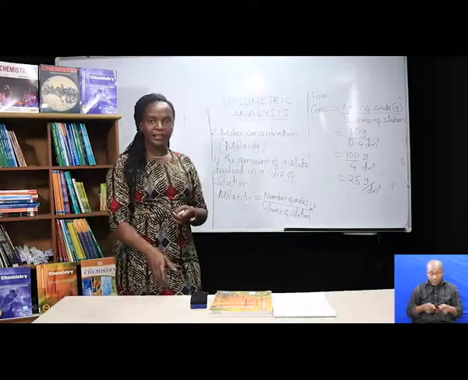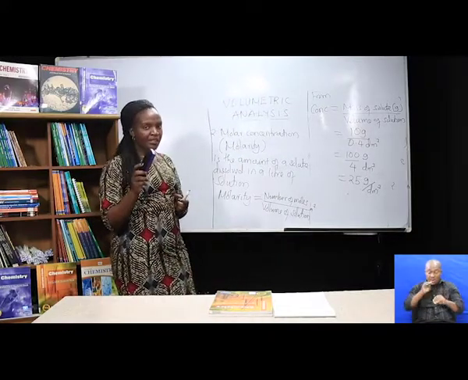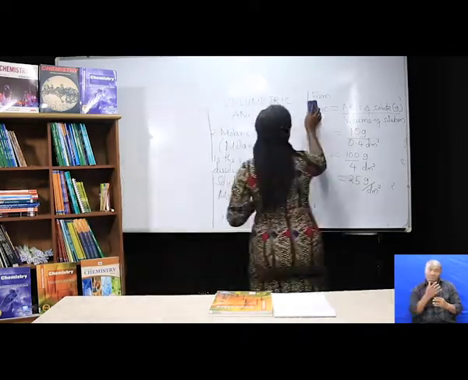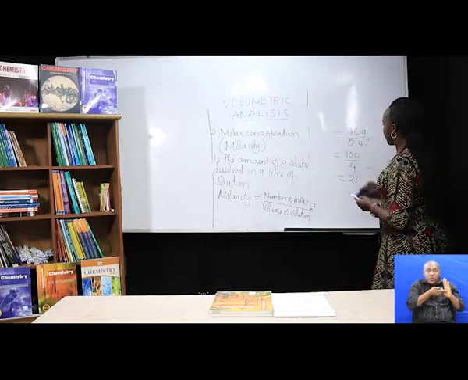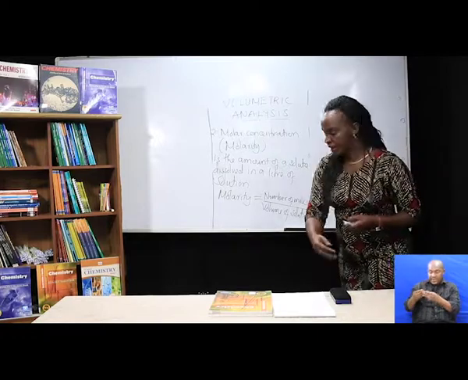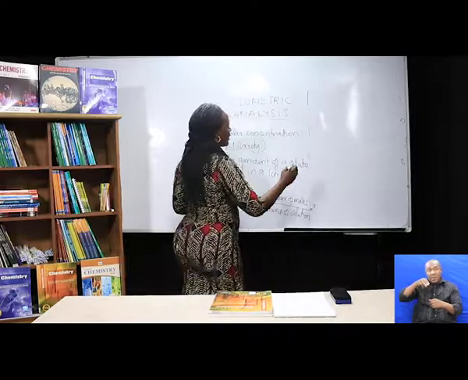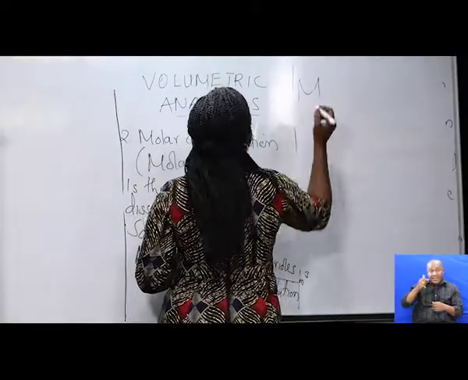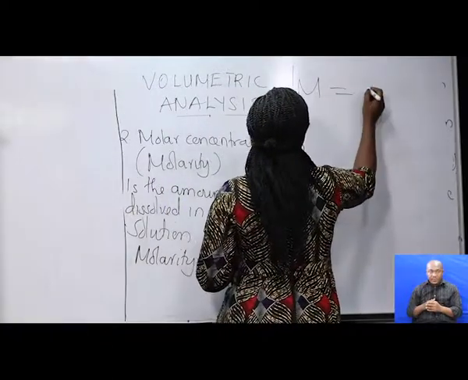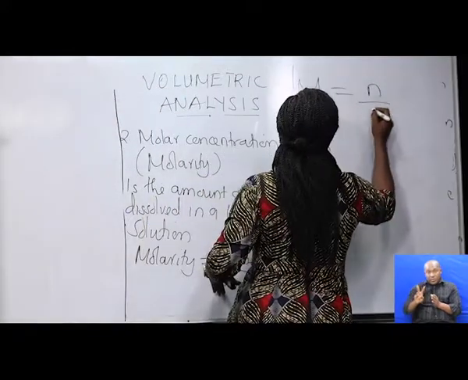So this is a formula that you'll be using to calculate the molarity: number of moles divided by volume of a solution. Let us see the symbols that we can use in order to find the molarity. Molarity is abbreviated as M, capital M. Number of moles is abbreviated as small n, and the volume of a solution will be abbreviated as V.